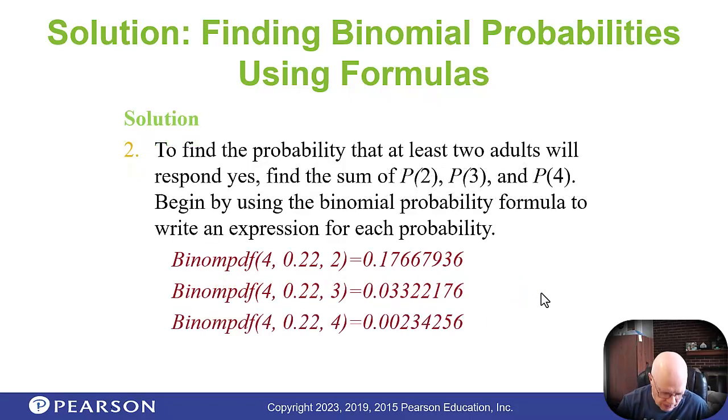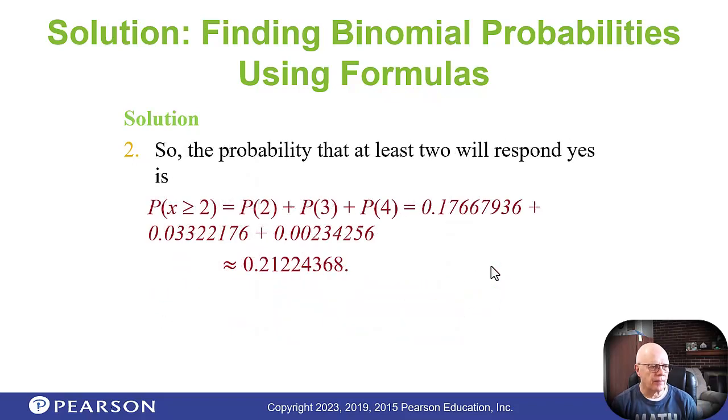For the second part, remember one way of doing it was, since we're interested in 2, 3, or 4, we're going to add those up. So we get these 3, and we're going to add those together.